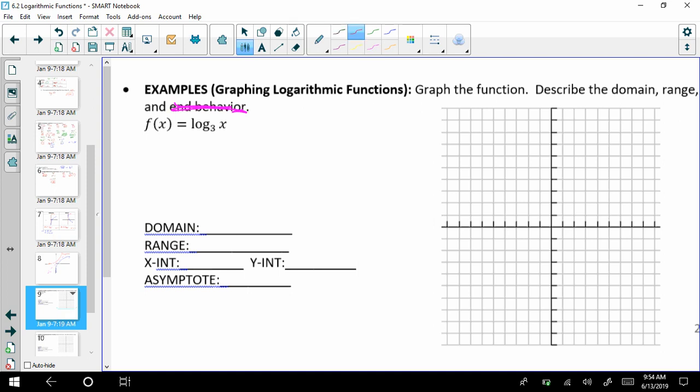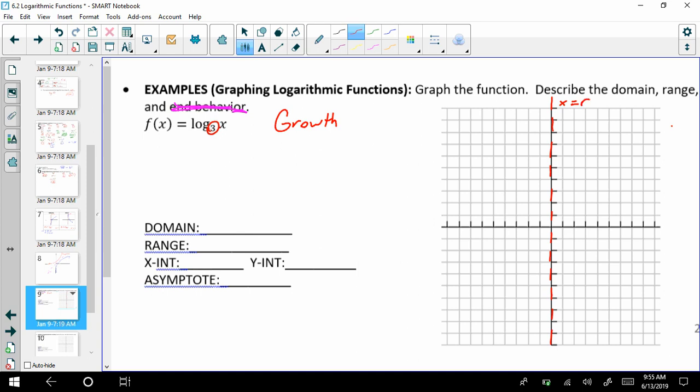So just like what we did last time, let's first decide, is this going to be growth or decay? If I look at the base number of 3, since it's bigger than 1, this is a growth. Since it's not moving left, right, up, or down, I don't have any transformations, I know my asymptote will be right through 0.